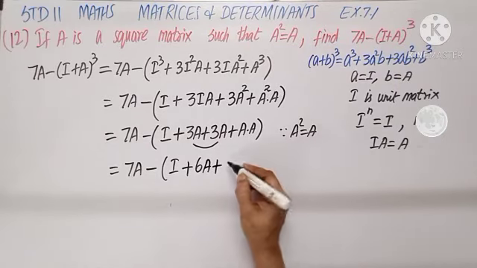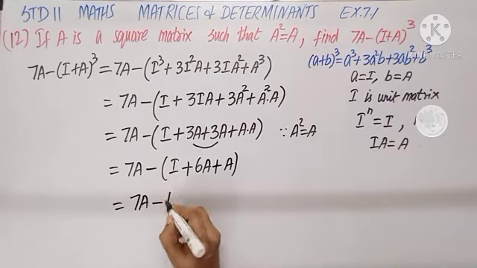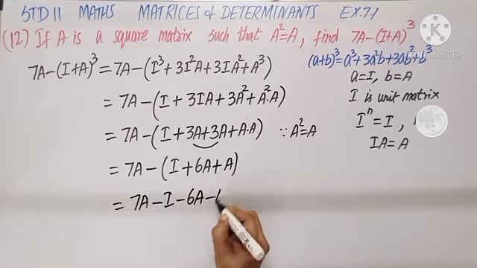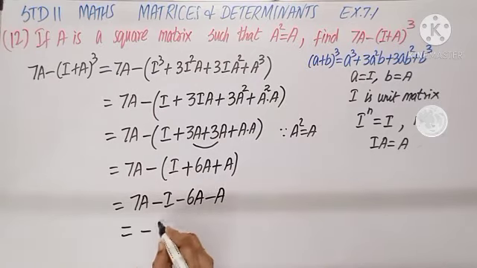A square is again A. As we simplify, 7A minus I minus 6A minus A. 7A and these get cancelled, giving us only minus I.